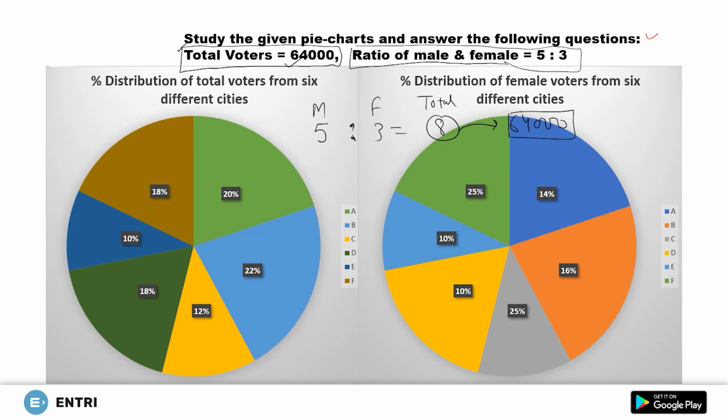If 8 units equal 64,000, then what will be your 1 unit? Your 1 unit will be 8,000. How do you calculate this? Just divide 64,000 by 8. So you will get 1 unit equals 8,000. This 1 unit equal to 8,000 is known as the multiplying factor.